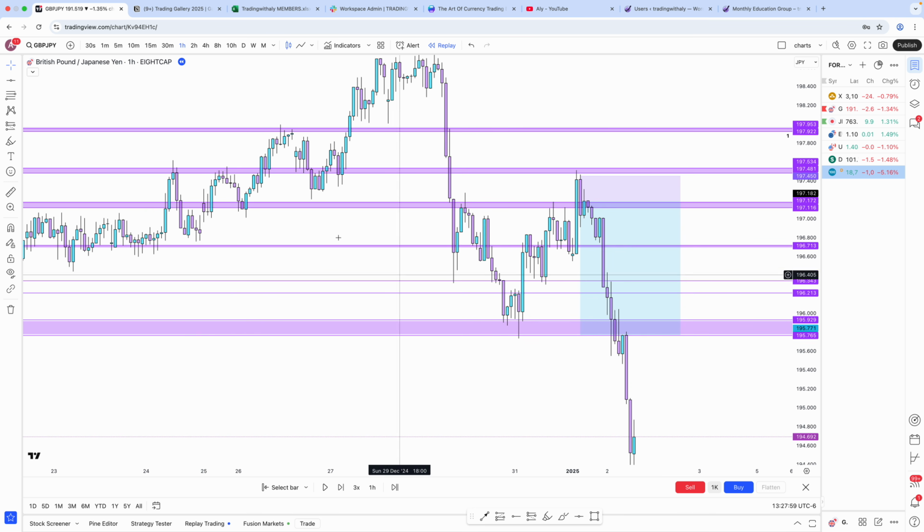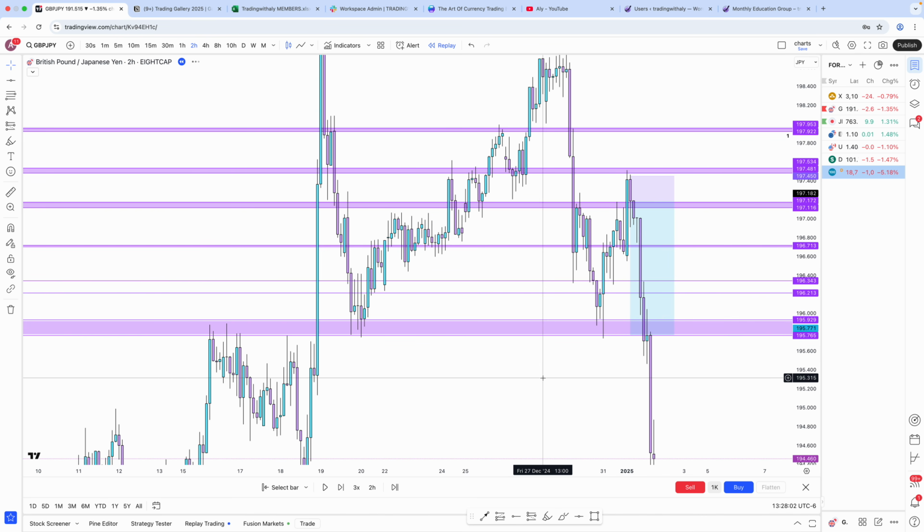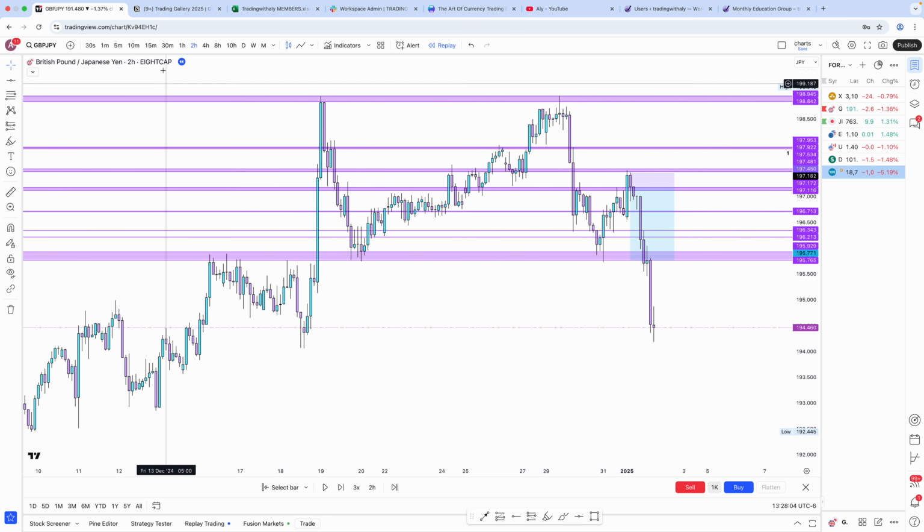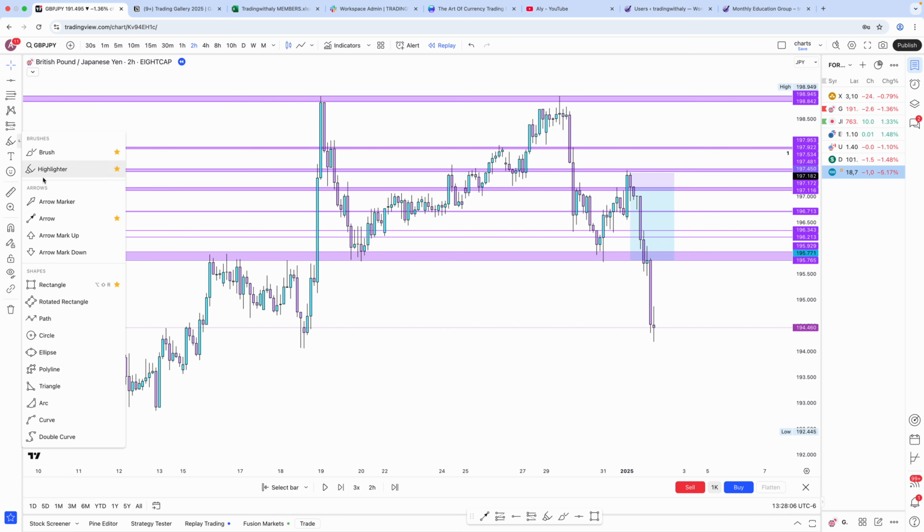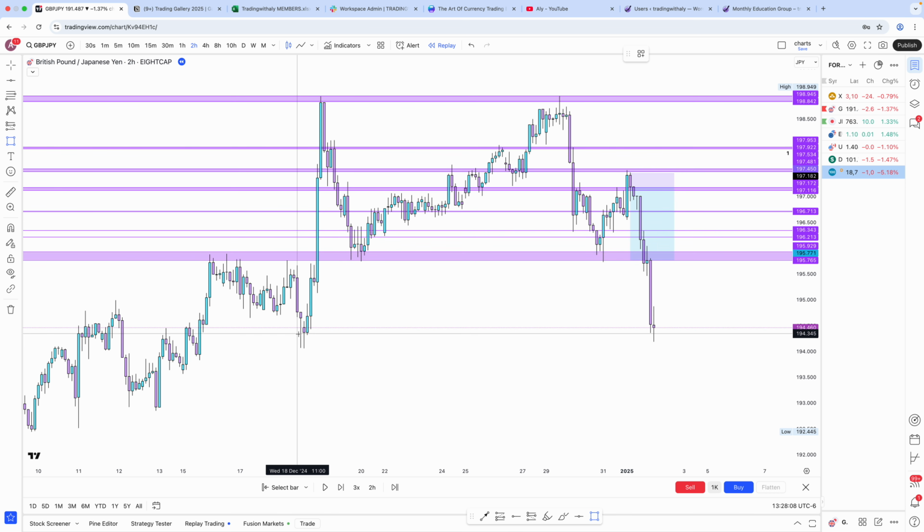Here's another clear entry, and then we're going to look left to try and find our target. So we can jump on the 2 hour, the 4 hour, it doesn't really matter, just a higher time frame. So basically what's happening here is it's coming to a specific price in this case, and it's reacting.